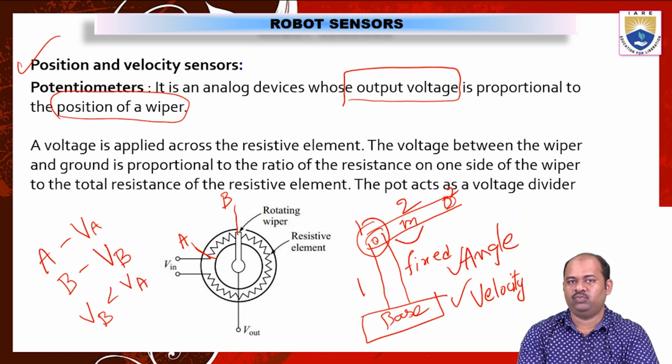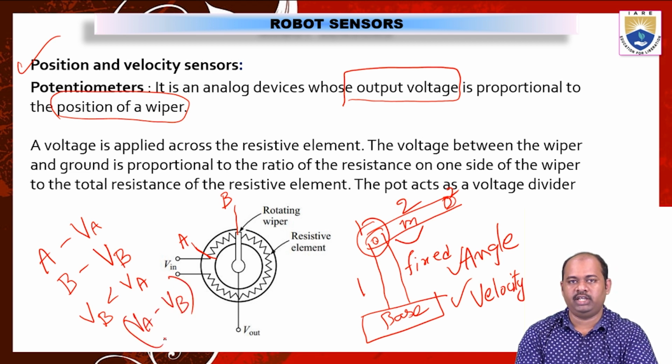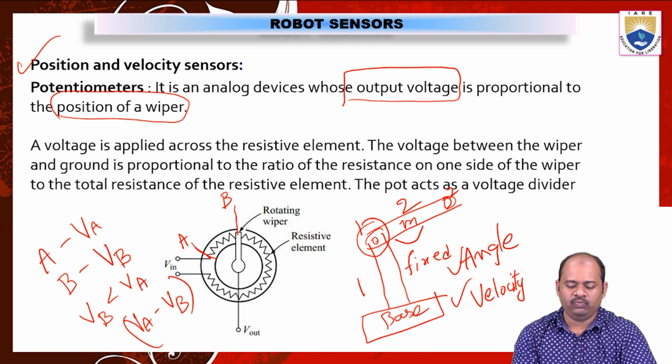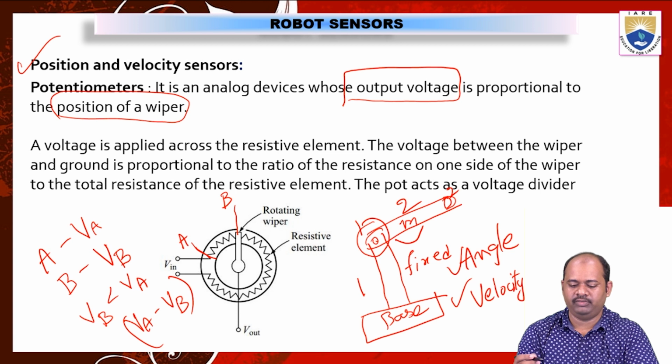Now the difference in this voltage, VA minus VB, will be taken as the voltage difference, which, with the correct calibration, we can use to measure the position of the robot.